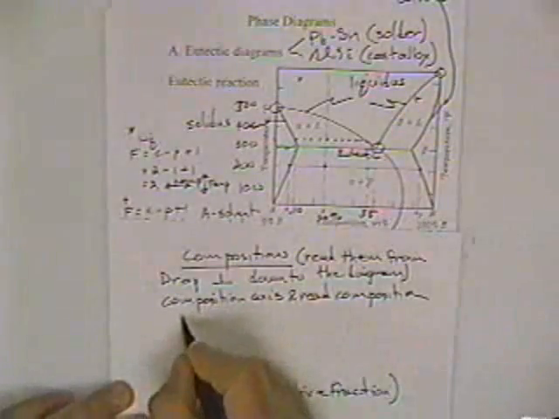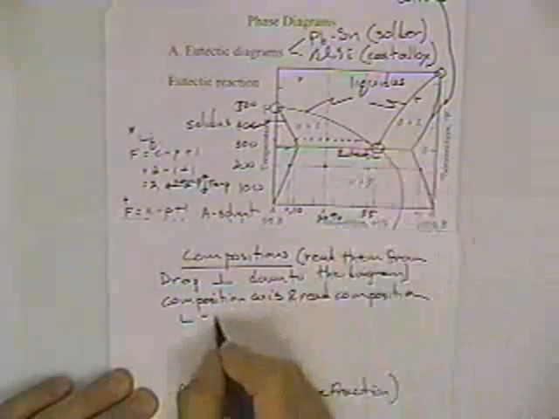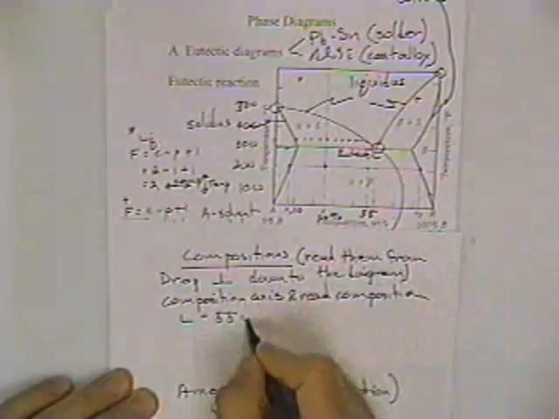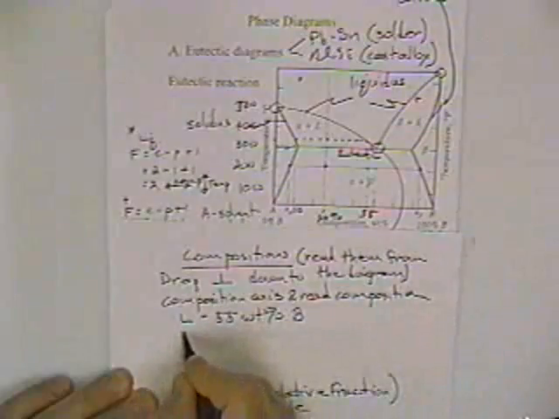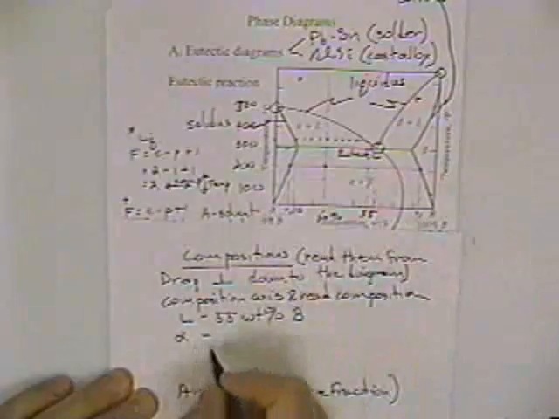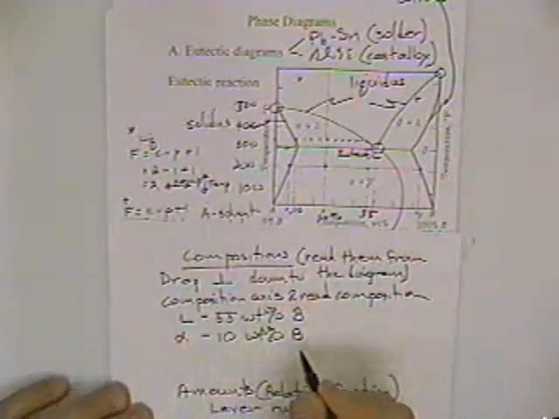And this one, if this was 60, this looks like maybe 55%. So the composition of the liquid would be 55 weight percent B. The composition of the solid alpha would be a lot less, 10 weight percent B.